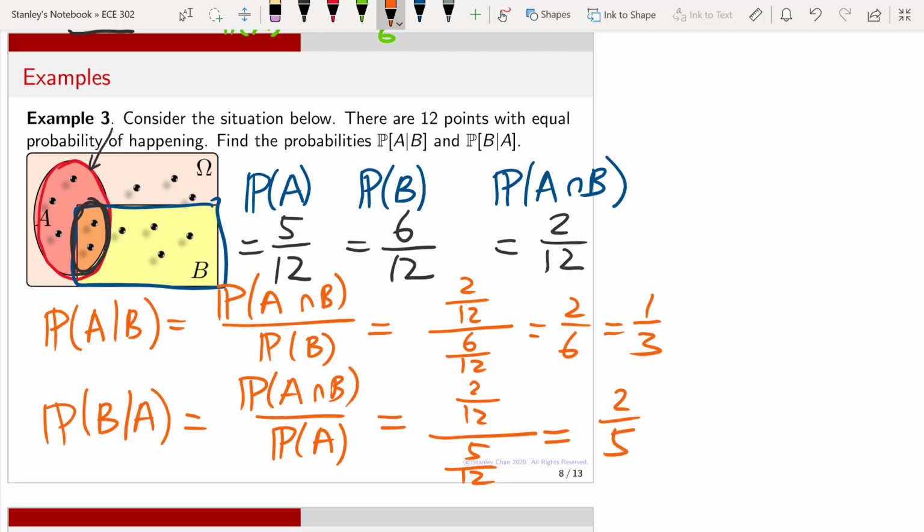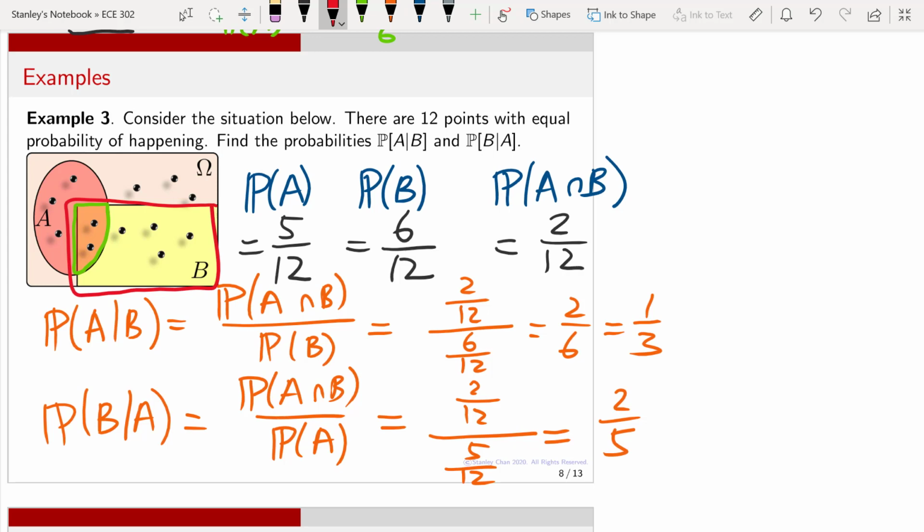Now, let us go back to the diagram and check if all these numbers make sense. First of all, let's look at A intersect B. So A given B says that I am looking at the ratio between this intersection region, and then the base that I'm looking at is B. So I have 2 points out of how many points here?